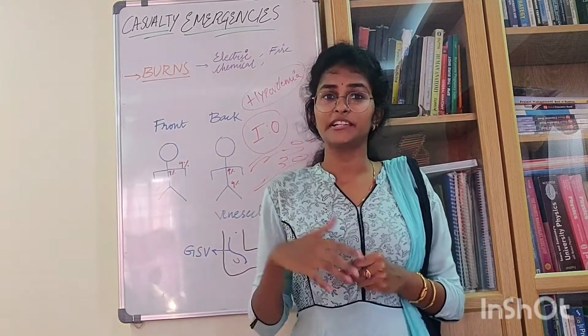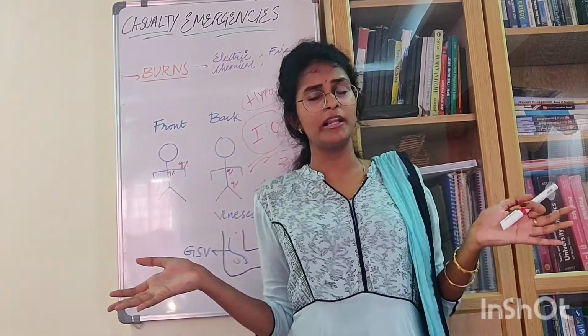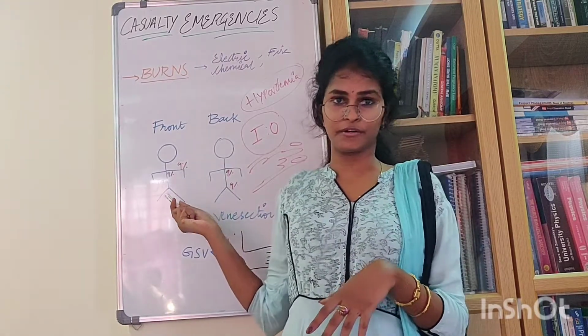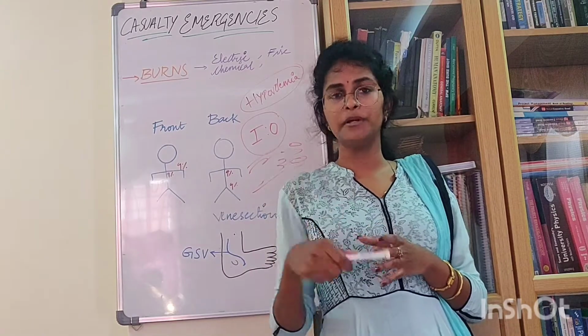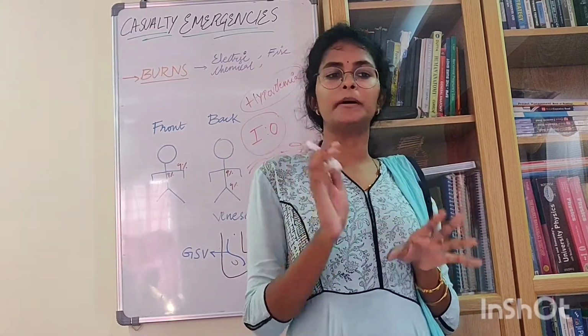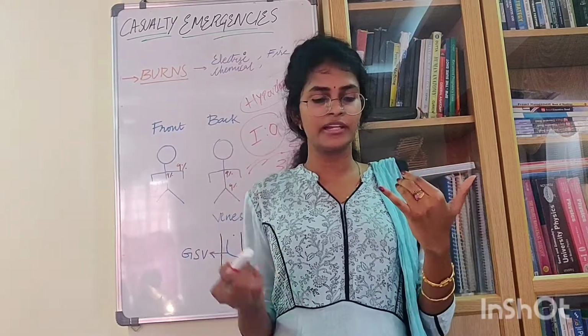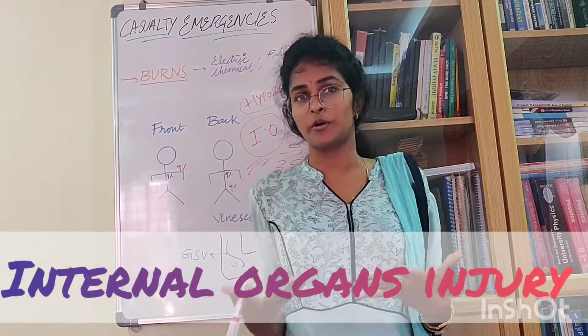That is how the patient typically presents, and the patient might seem to be normal, but then you need to follow the same protocol as you followed for fire burns. You need to assess everything, and do the same initial steps of management as for a fire burn. But mind you, whenever a person comes to you with an electrical burn, there are high chances of major internal organ injuries.